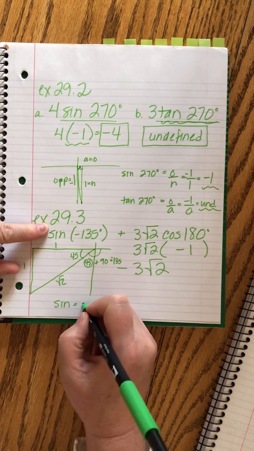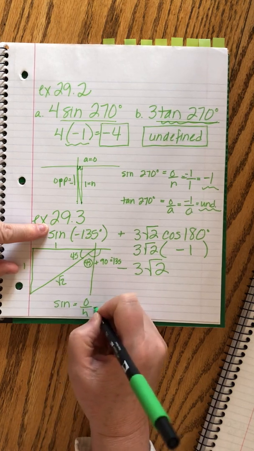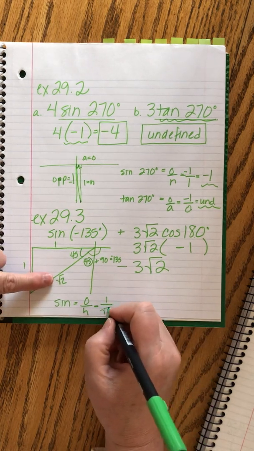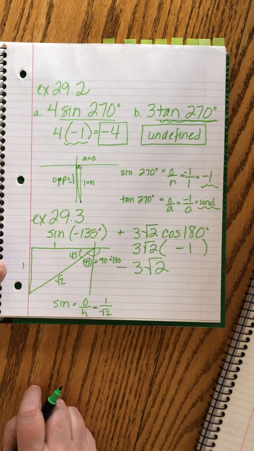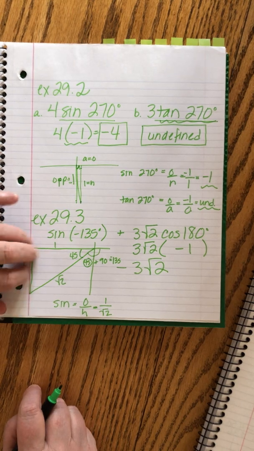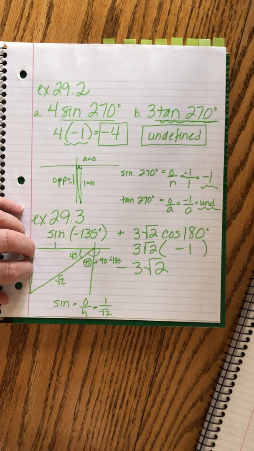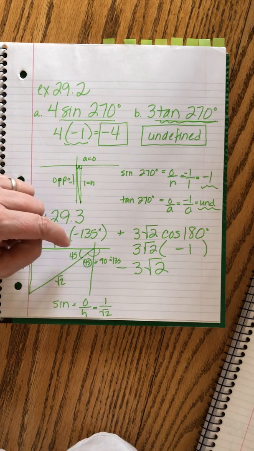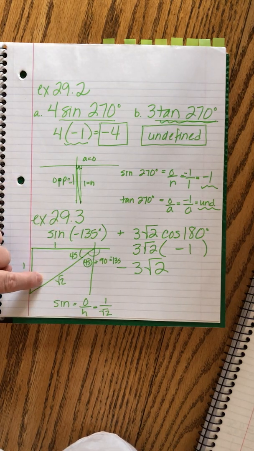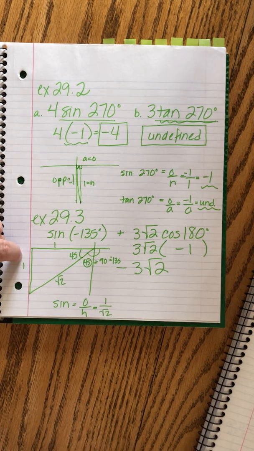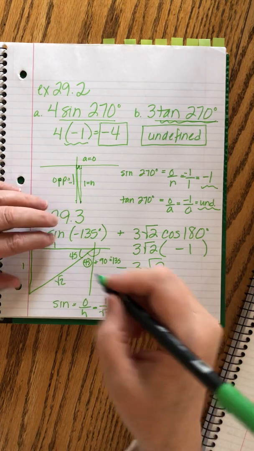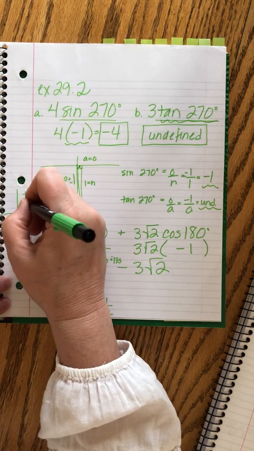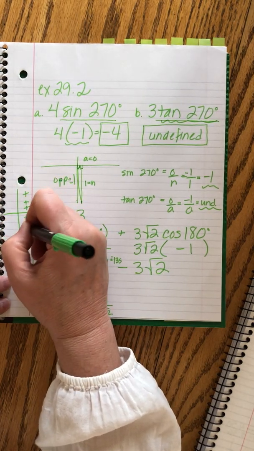Sine is SOH: opposite is 1, hypotenuse is square root of 2. And let's see, I'm in this quadrant. So let's make my chart: plus, plus, plus, minus, plus, minus.